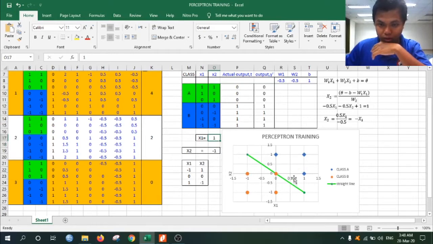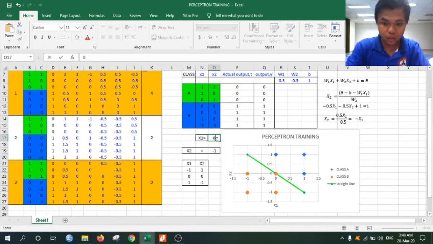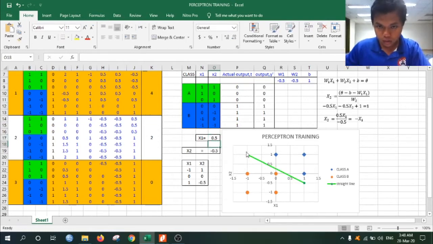As you can see, the straight line changes. And if we use 0.5, then we can totally divide between class A and class B. That's all for me.